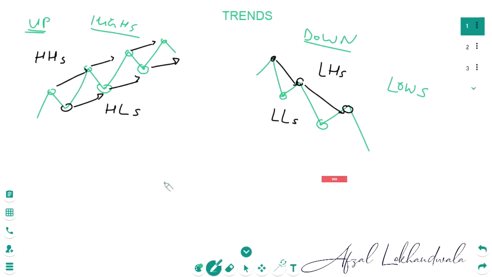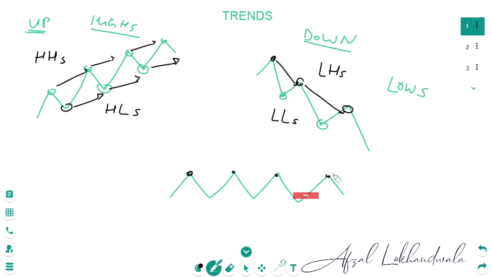Now let me draw one more diagram. If you look at this, it is neither an uptrend nor a downtrend. In this movement, if you look at the highs, we see that they are almost at an equal level. I mean, they are neither rising consistently nor falling.